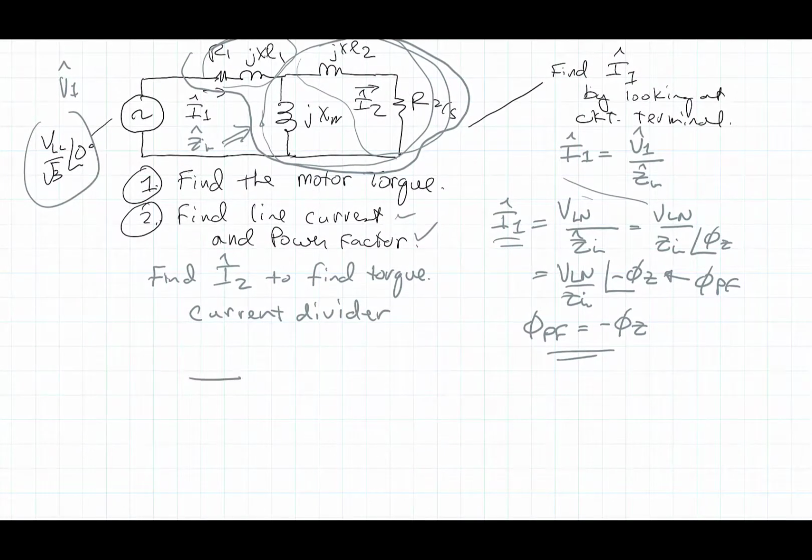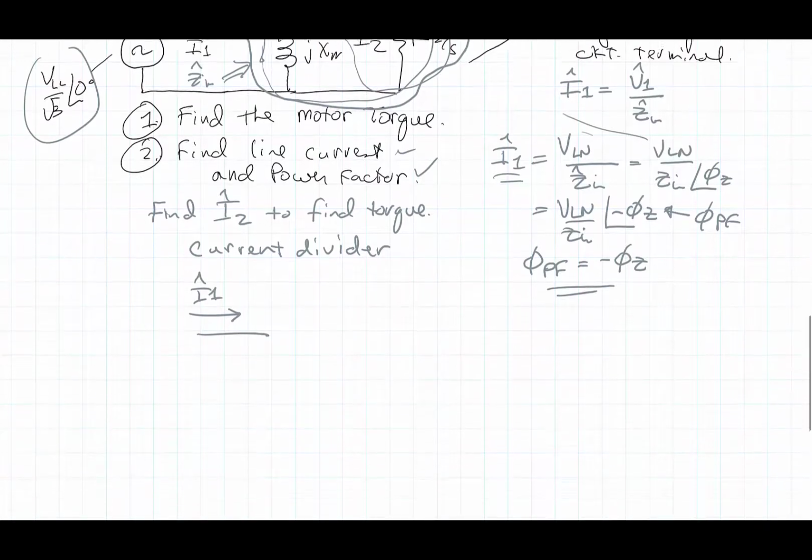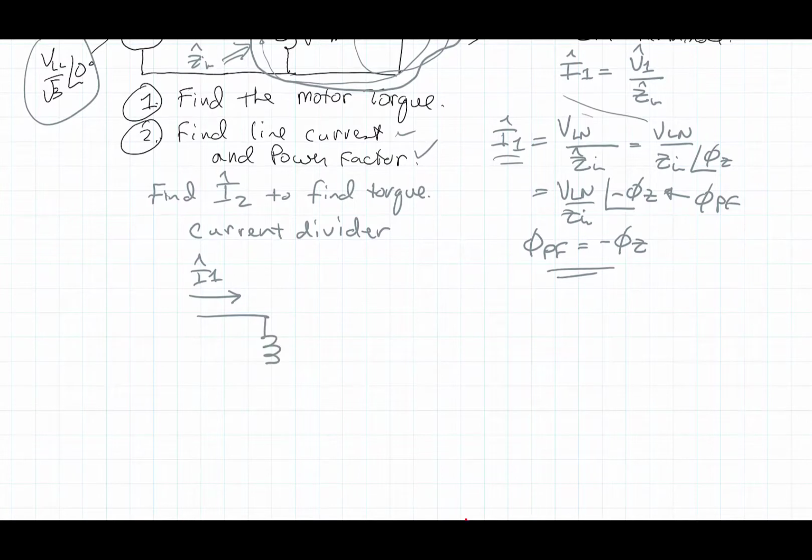You know I1 already, and it's going to divide up between the branches of the magnetizing reactance and this rotor impedance here.